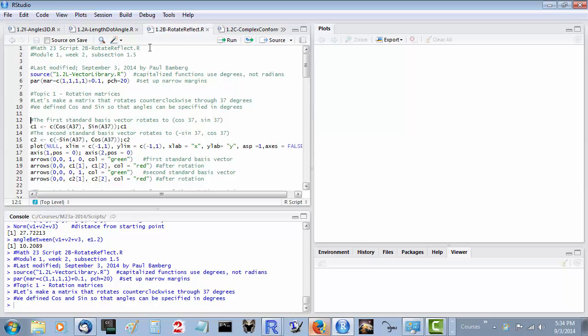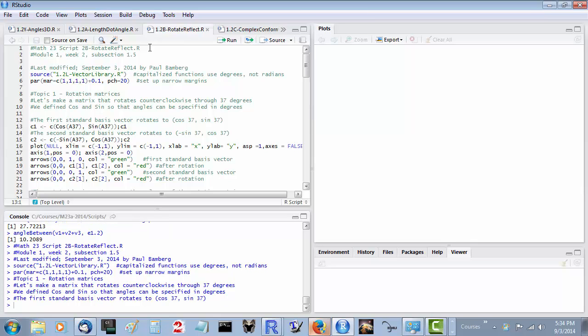Remember that we have defined cos with a capital C and sine with a capital S so that we can specify our angle in degrees, and we've also defined A37 to be the smallest angle in a 3, 4, 5 right triangle.